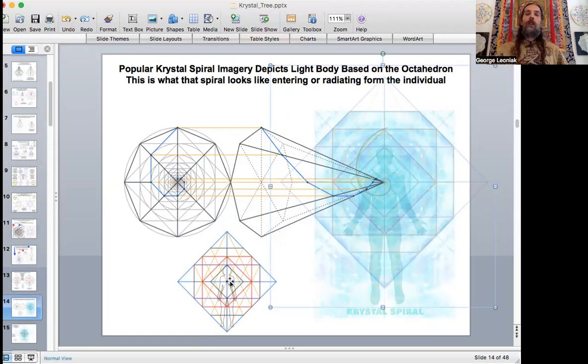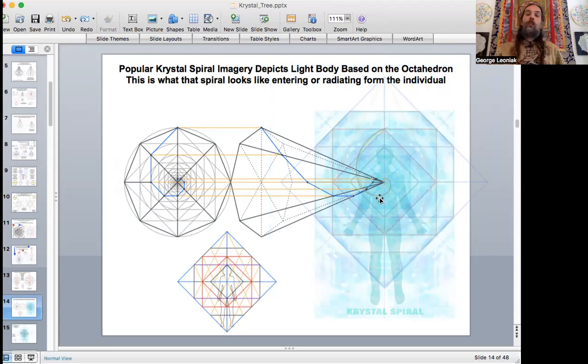And here I've centered the diagram of the squares within squares that they show here. When I first saw this image, I always considered that to be an octahedral based system, not a hexagon base. So we're still working with the octahedron light body description here that I'm laying out.